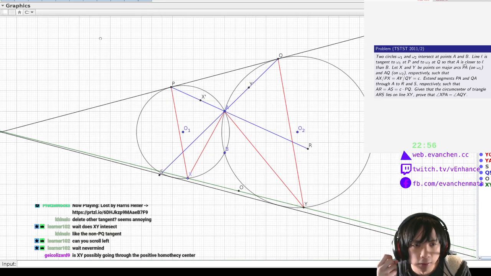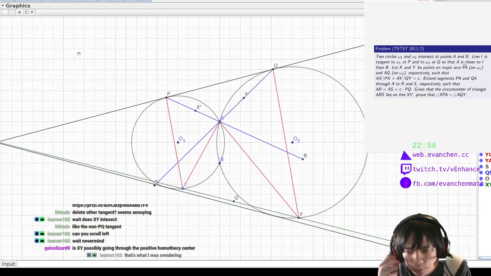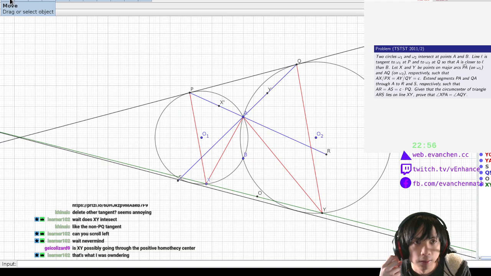Can you scroll left? Are those things gonna concur? They might. I mean, you can't really tell. Oh, let's move some stuff around.